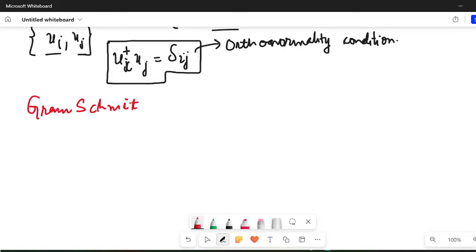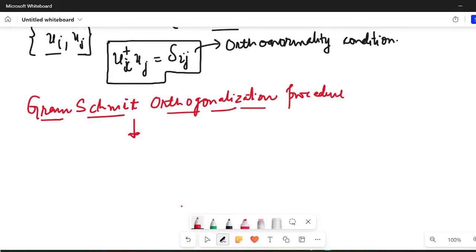Right now, the process of construction of orthogonal vectors can be the Gram-Schmidt orthogonalization process. Just a brief of it I'm stating, and I will do it in a little more detail later on.